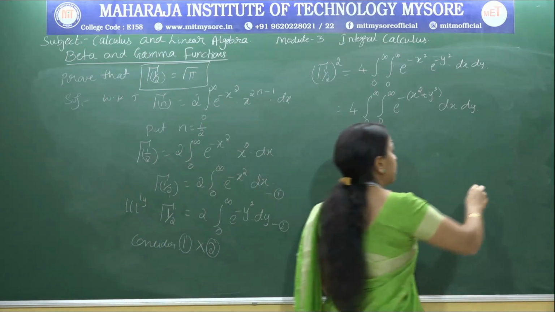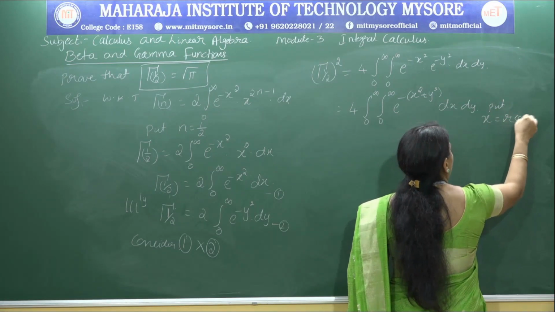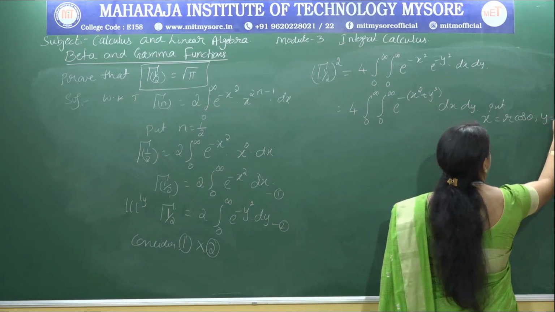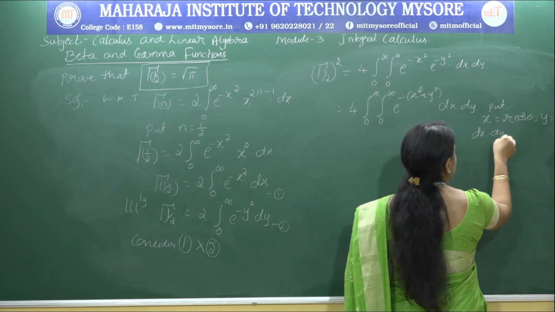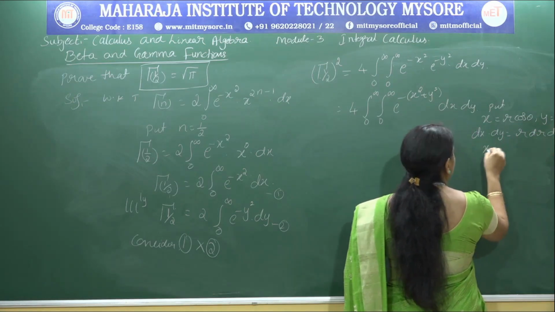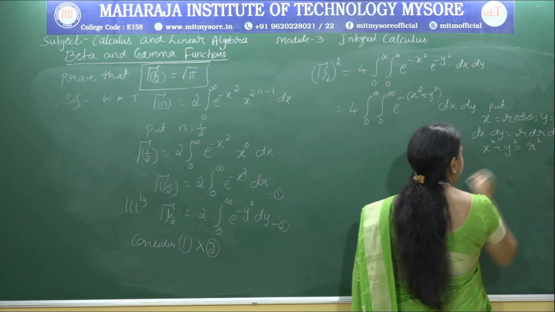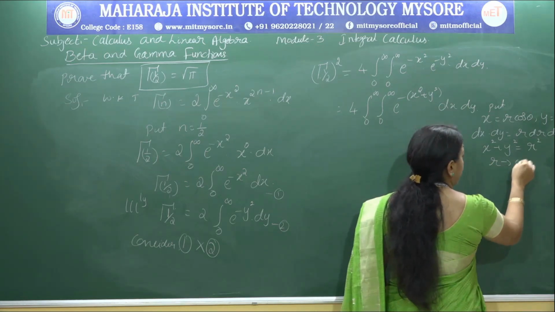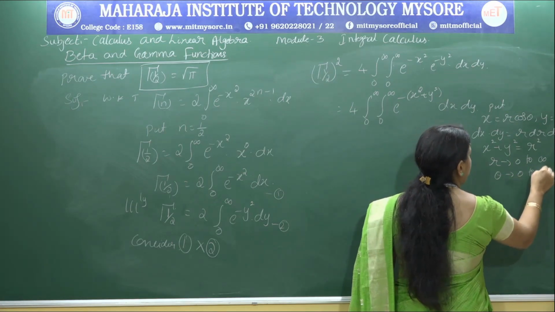Yes, substitute x equal to r cos theta and y equal to r sin theta, so that dx dy is r dr d theta and x square plus y square is nothing but r square, and r varies from 0 to infinity where theta varies from 0 to pi by 2.